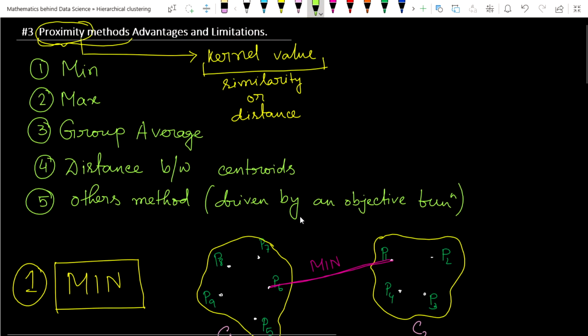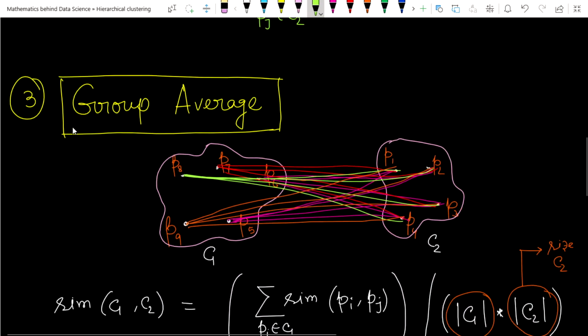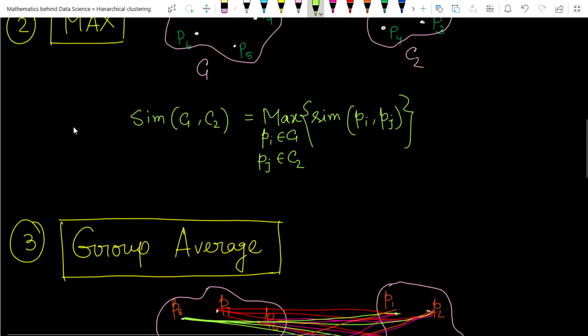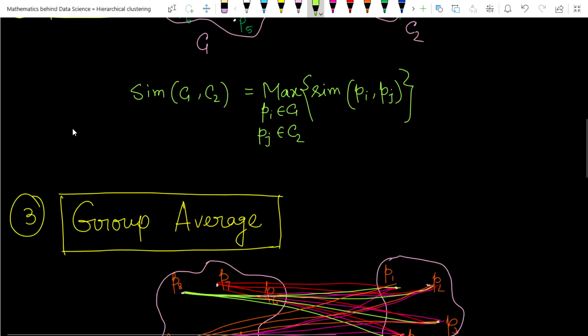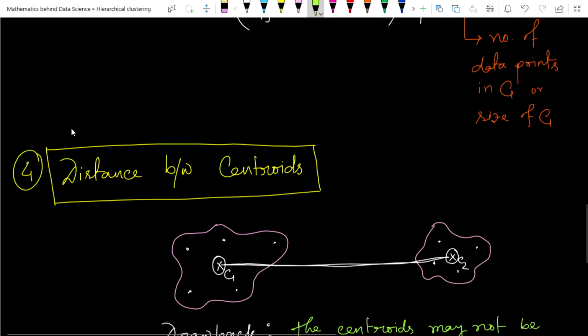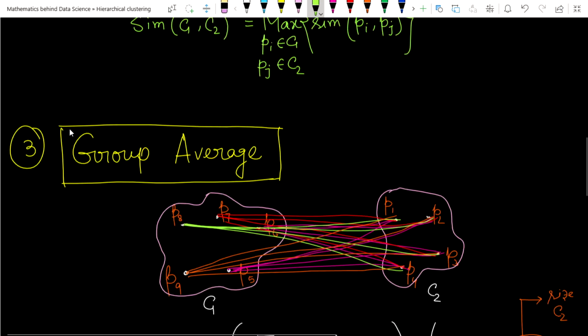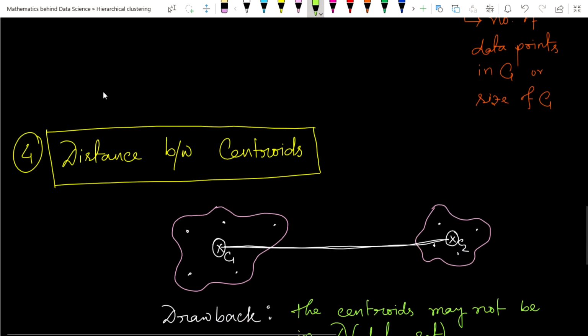Okay, now in general these are the methods that we use to compute the proximity value. They have some limitations, and they also have some advantages. Now let's see what kind of limitations and advantages each proximity method has, through an example.